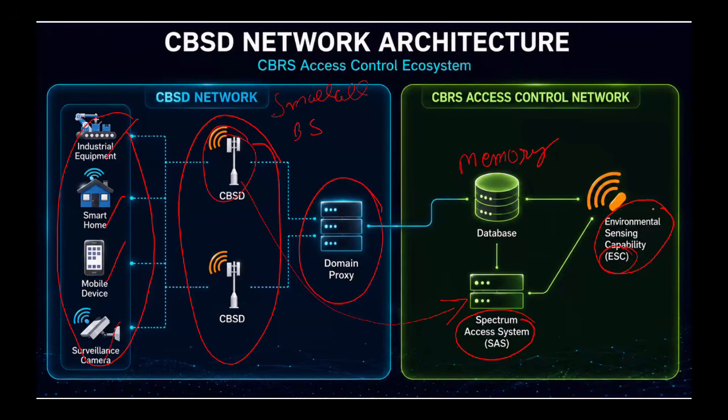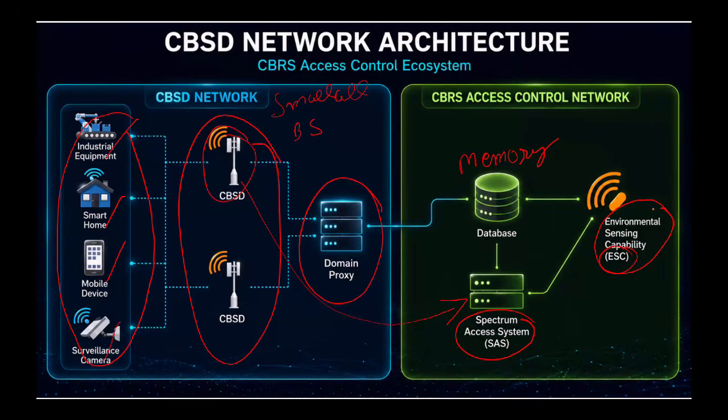When protected incumbent activity is detected, that information is provided to the CBRS coordination system so the SAS can protect that incumbent. The SAS then instructs the domain proxy, and the domain proxy informs the CBSD that the available frequency is this and you can use only this. So if you're using anything related to federal, you have to free that channel immediately.